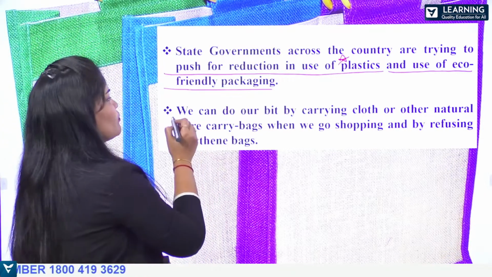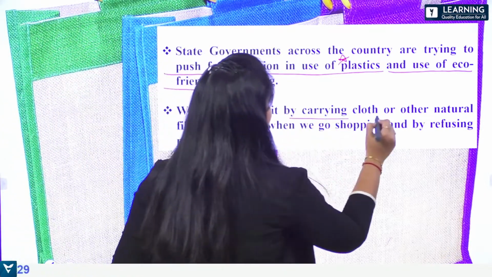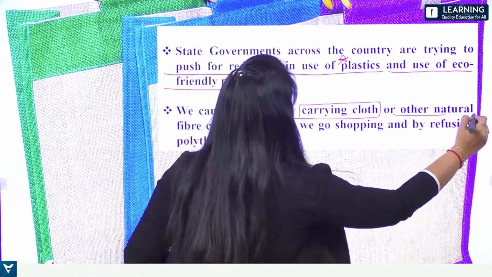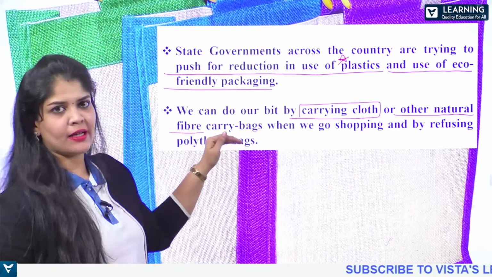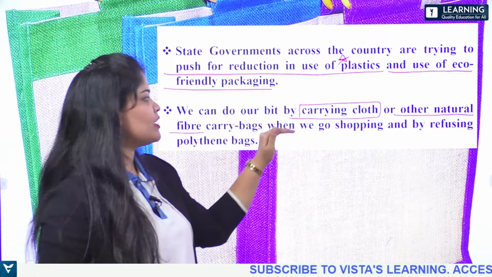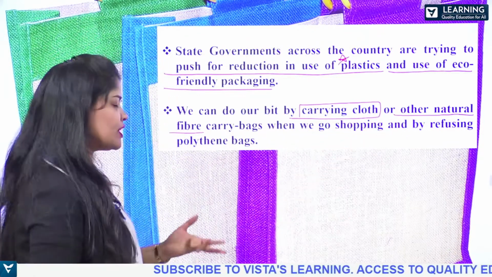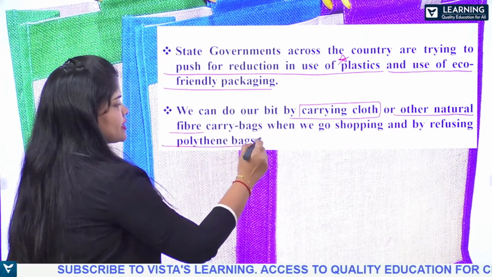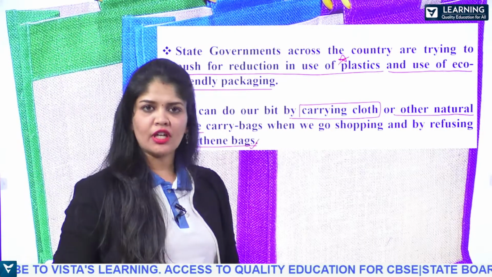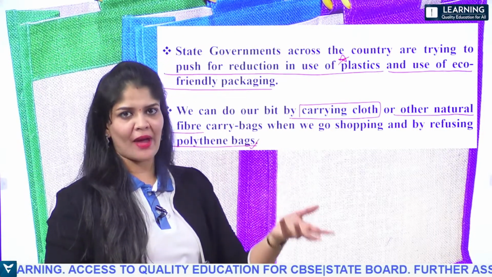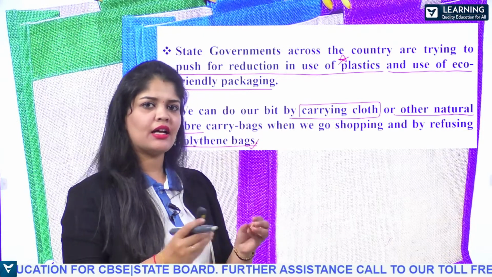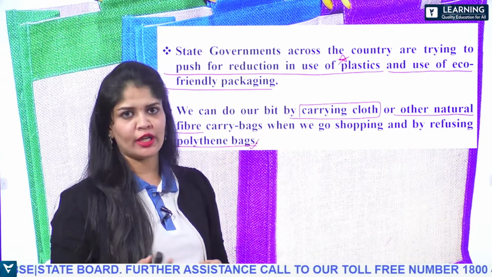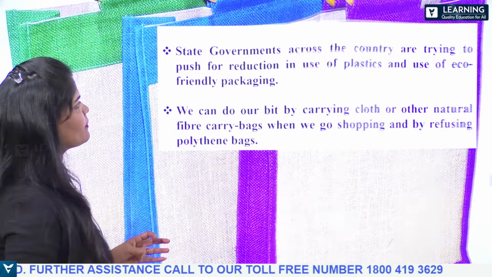We can do our bit by carrying a cloth bag or other natural fibers like jute bags when we go shopping, and we can refuse to take polythene bags. Or we can also use brown paper bags to carry a small amount of provisions that we get to the house every day.